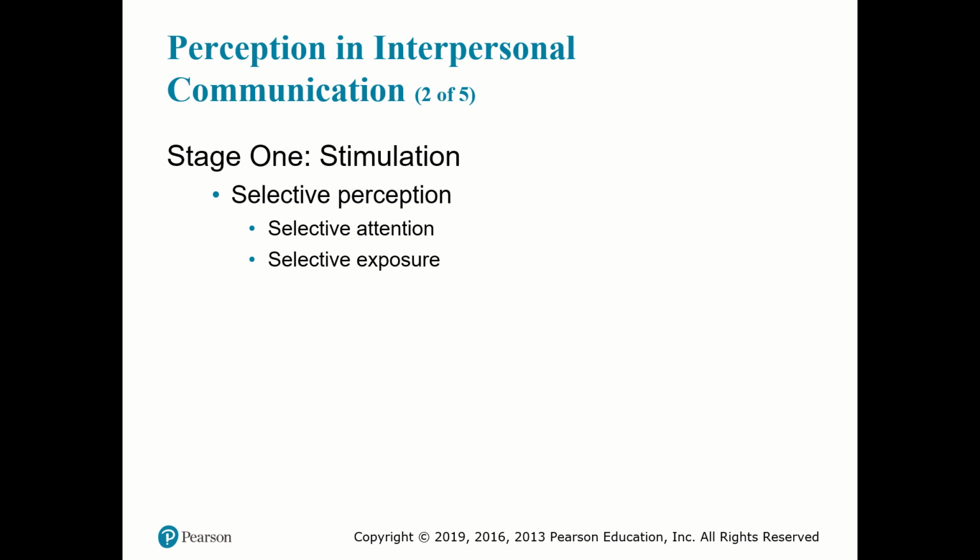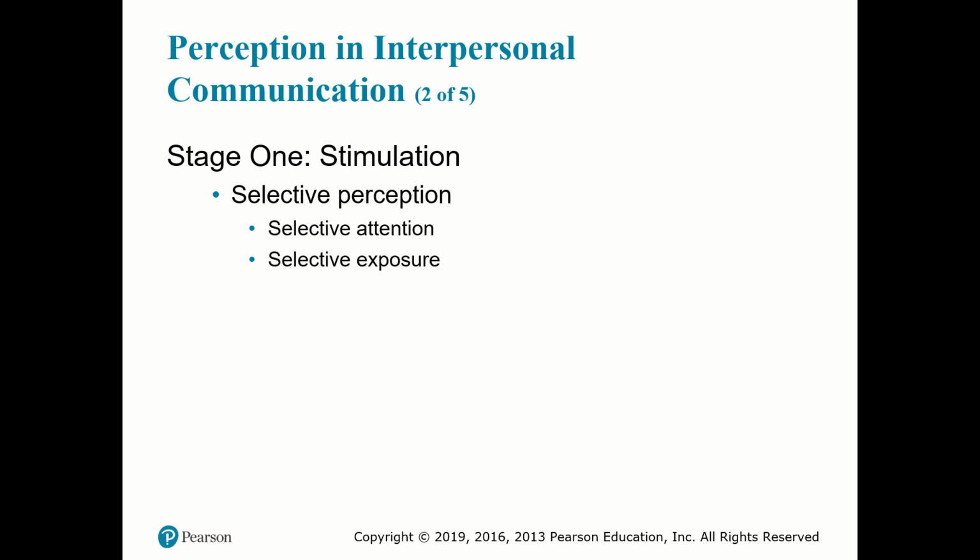You have selective attention, where you attend to those things that you anticipate will fulfill your needs or prove enjoyable. And then you have selective exposure, where you expose yourself to people or messages that confirm your existing beliefs, contribute to your objectives, or prove satisfying in some way. So we pick and choose what we listen to, we pick and choose whom we interact with. These are all parts of selective perception.